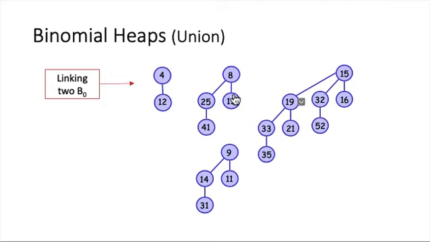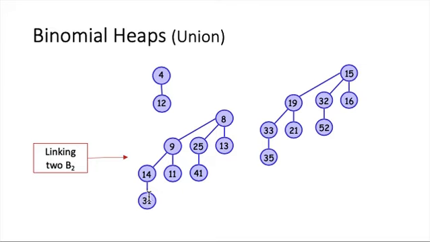And this is the only B1 in the system, so we don't need to do anything more. Now we have a B2 from H1 and another B2 from H2. With two of them the same, we link them. This one, the root has a smaller value, and this one, the root has a larger value, so this becomes the subtree linked on the left-hand side of this one. So we are linking two B2s.